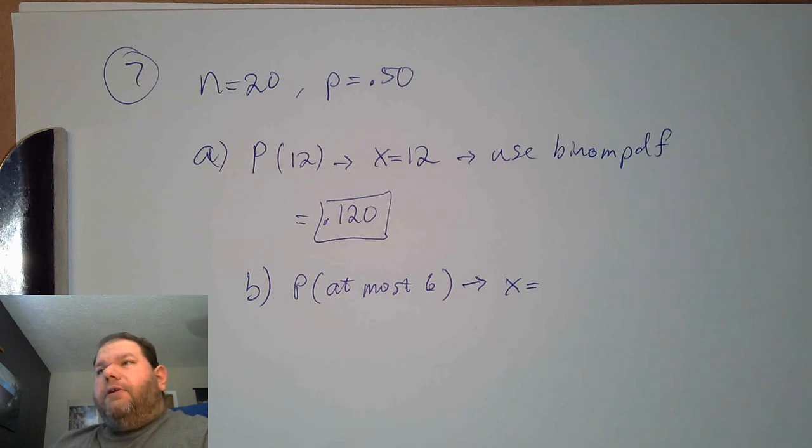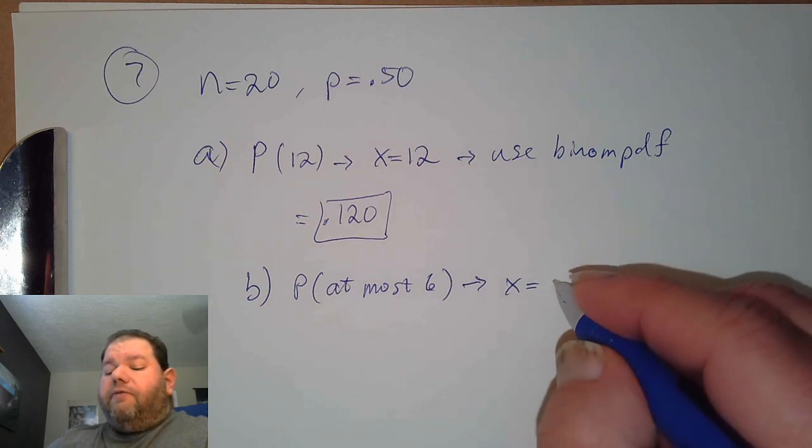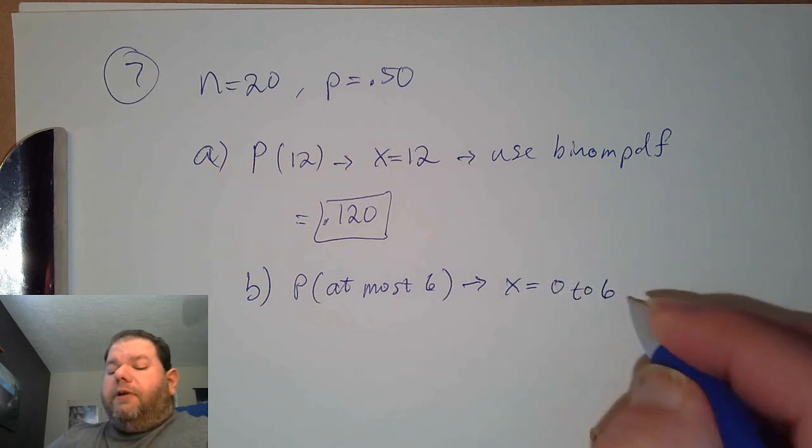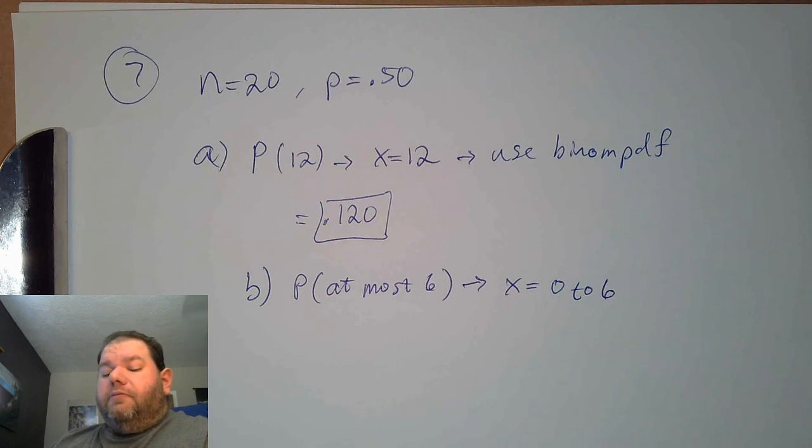At most means less than or equal to. Okay? It means no more than 6. So x could be anything from 0 up to 6. Now, again, we can use the table in the back of the book to find this, and we would just add each of those values together, and that would give us our total.